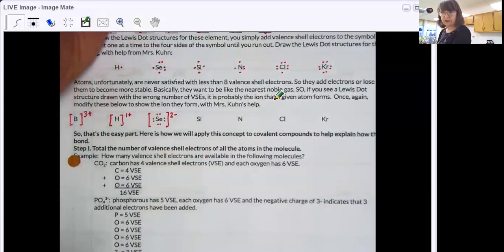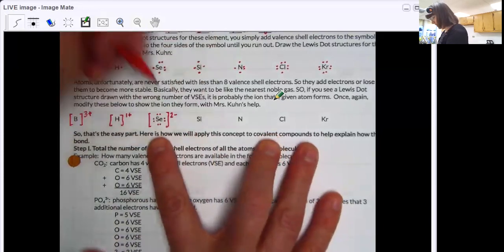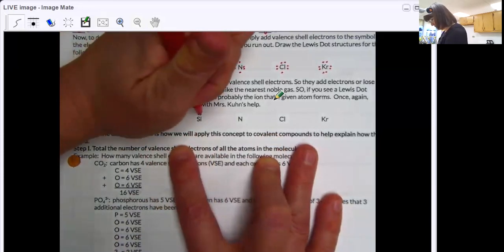Well, hopefully you paused and tried that on your own. Let's look now at what these will be. So silicon had 4. So silicon has 2 choices, and you could have drawn either one.